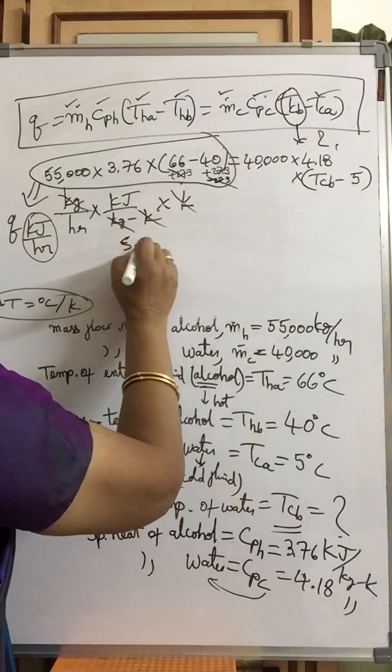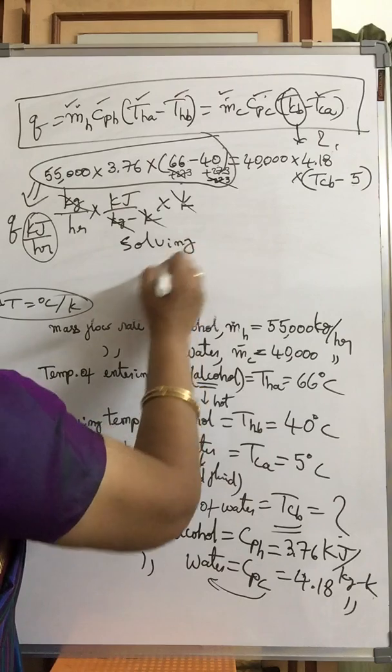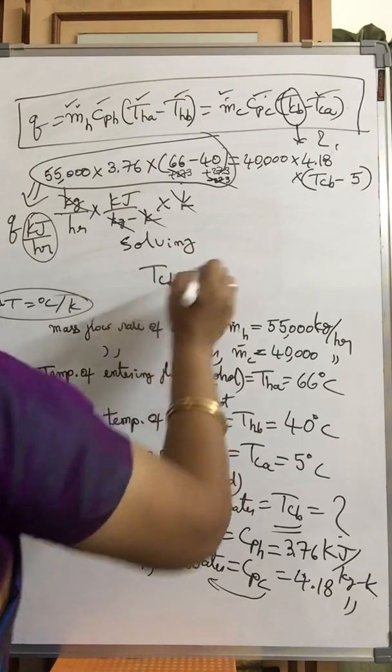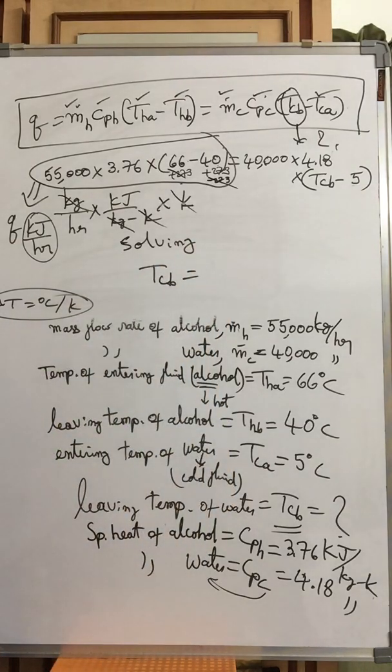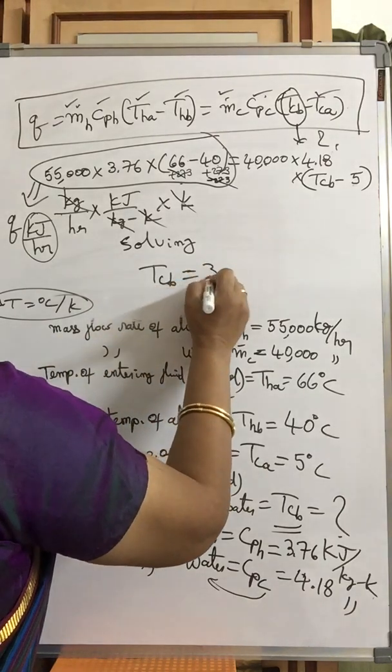So solving, we get TCB as 37.19 degrees centigrade.